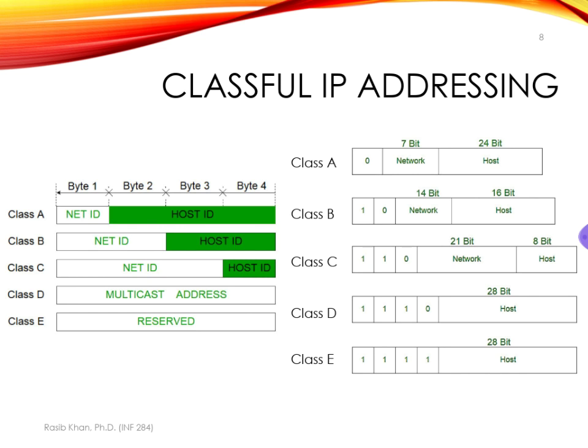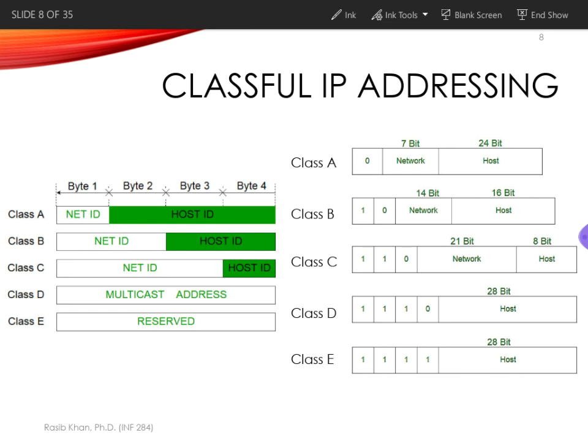For class A addresses, we say that the network ID is of length 1 byte. That means only the first octet belongs to the network ID part, and the remaining 3 octets belong to the host ID part.